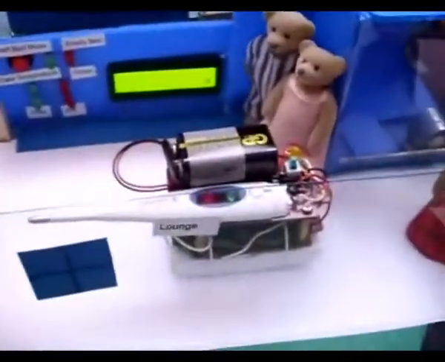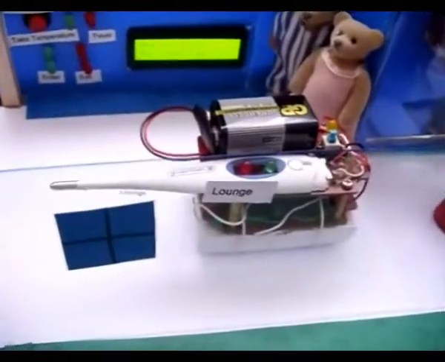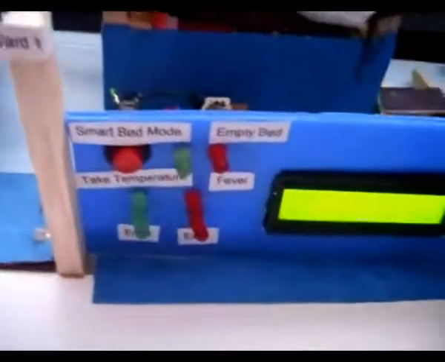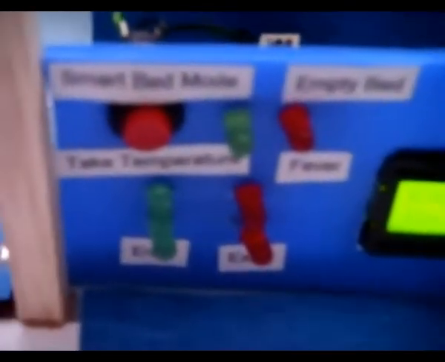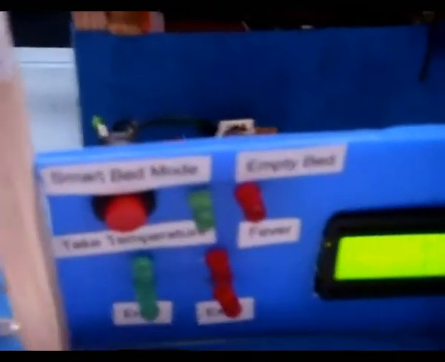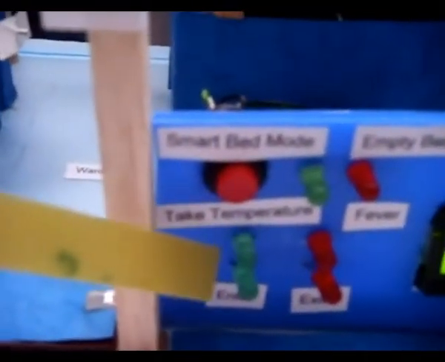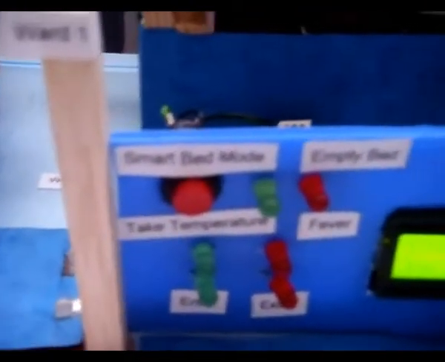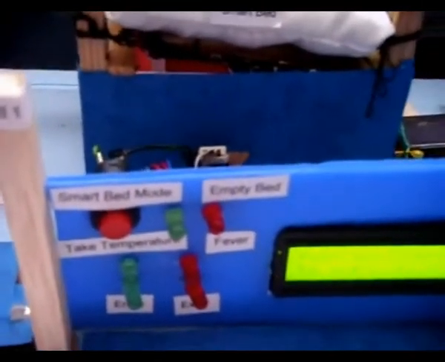The RFID tracking system has noted that the patient has not taken a temperature and he needs to take the temperature. Also, at the ward, the taken temperature LED, which is the one over here, has not been lit. It shows that the patient has to take the temperature.